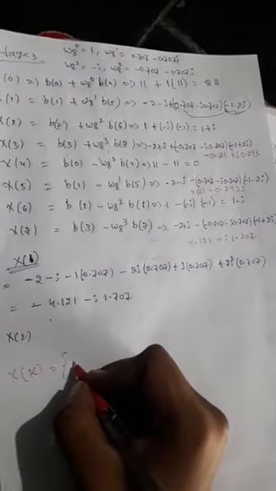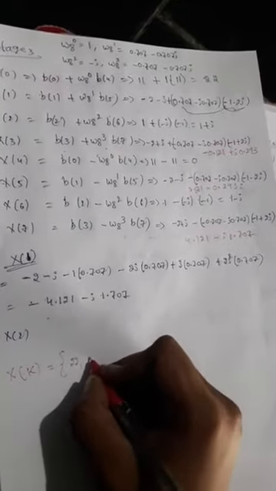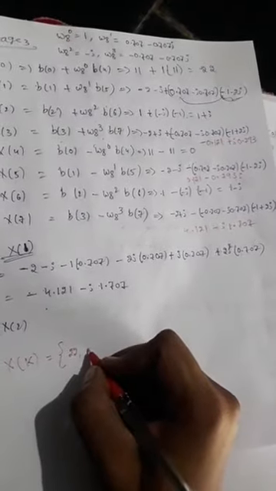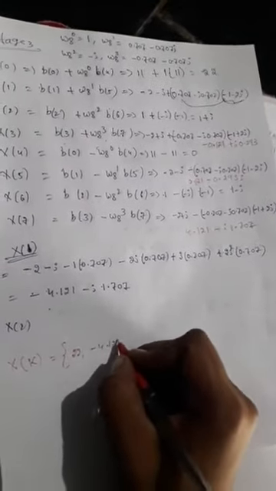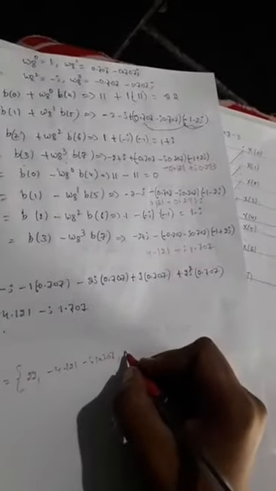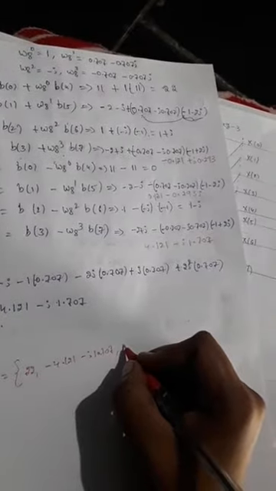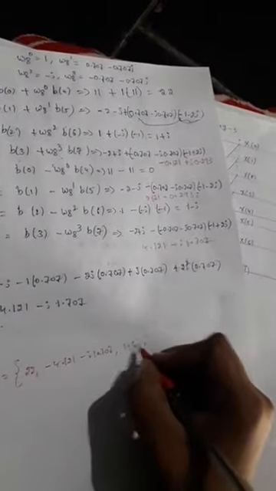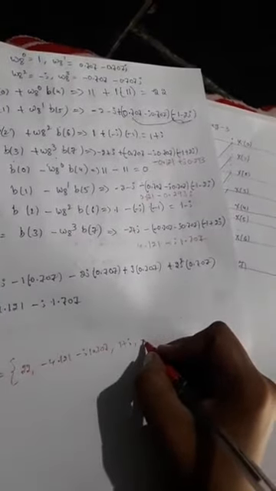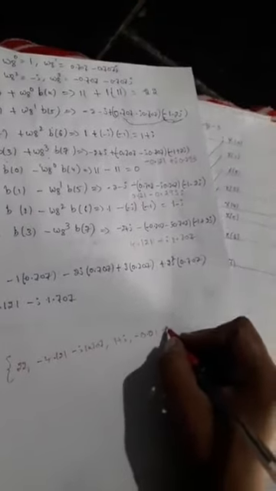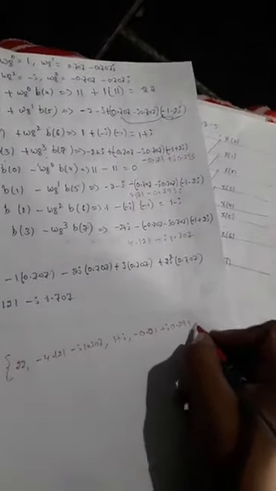Finally, the final value is x of k equals: first x of 0 value is 22, then x of 1 value is minus 4.121 minus j 1.707. Next x of 2 value is 1 plus j. Next x of 3 value is minus 0.121 plus j 0.293.